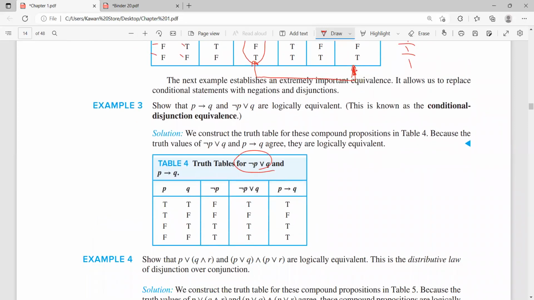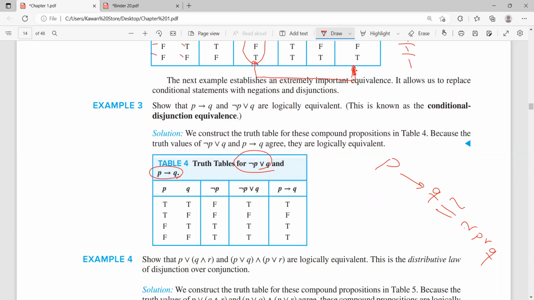How about this one? P implies Q is equivalent to negation P or Q. Later, I'm going to use this property maybe 10 times in the properties, so learn from now that this is equivalent to that one.